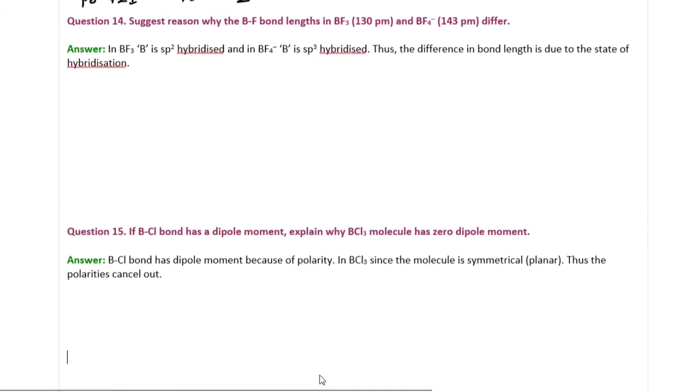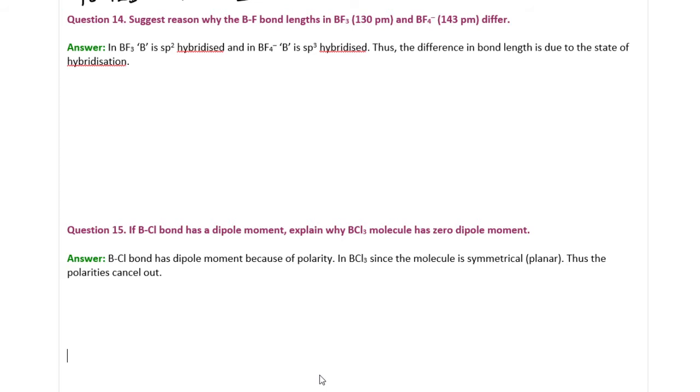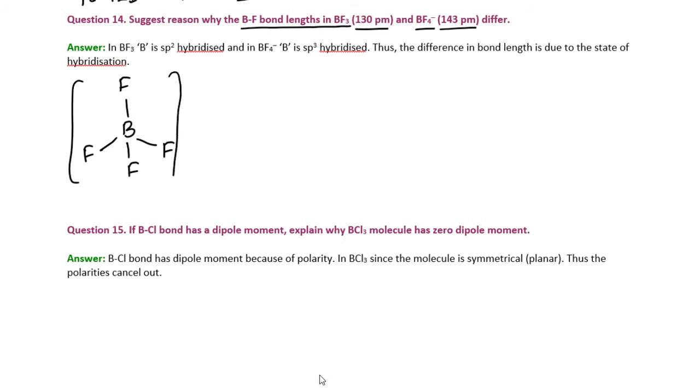Now suggest a reason why the BF bond length in BF3 is 130 picometer, but in BF4- it is 143 picometer. The first reason is that in BF4-, the octet of boron is completed and it is a pure BF single bond.